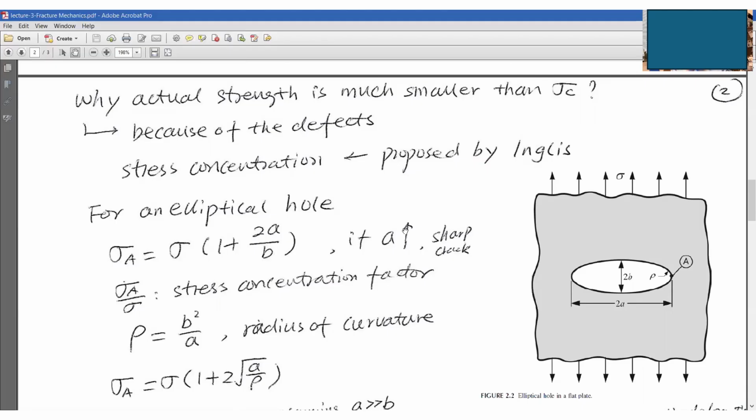Sharp crack means that the distance between these two crack surfaces is very, very small. Sigma A is the stress at this point A, the crack tip. Given this nominal sigma, this ratio of sigma A to sigma we call the stress concentration factor, right?